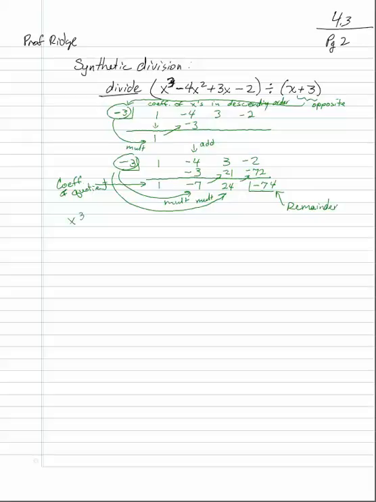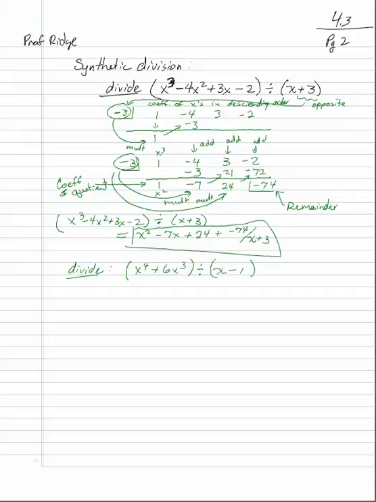So x cubed minus 4x squared plus 3x minus 2 divided by x plus 3 is equal to, now this was x cubed, so we divide by x, this is x squared. So it's 1x squared minus 7x, and then you just go descending order, plus constant 24, and then the remainder is negative 74, and then you put that over the divisor. Okay? So there you go. That's synthetic division. Let's do another one.